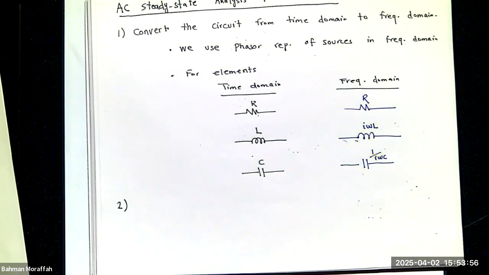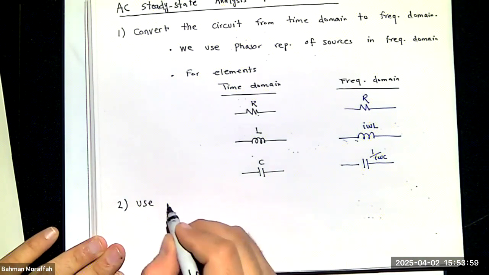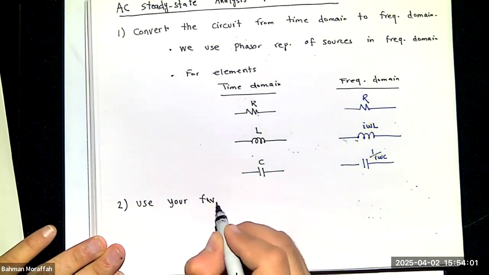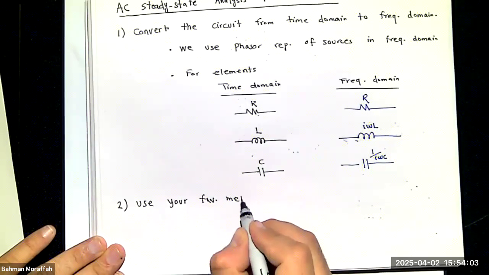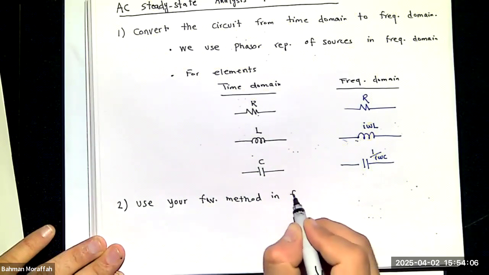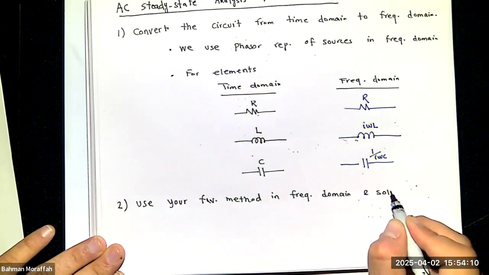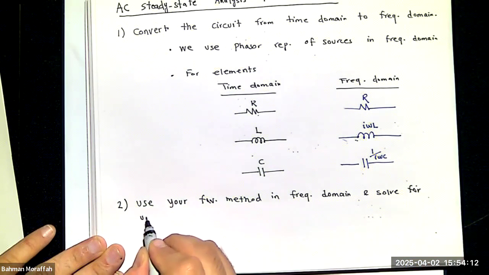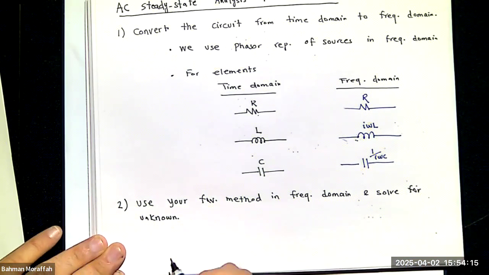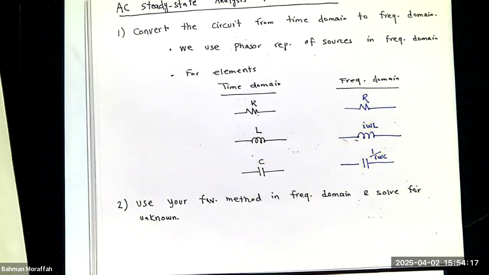Second step, use your favorite method in the frequency domain and solve for the unknown. What do I mean by your favorite method? KVL, KCL, mesh analysis, node analysis, Thevenin, Norton, whatever we talked about. Superposition, all of them.